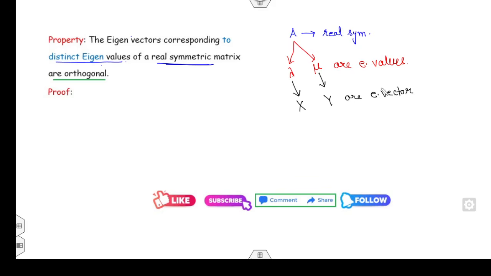If I assume A is a real symmetric matrix, and lambda and mu are its eigenvalues, and the eigenvector corresponding to lambda is x and y is the eigenvector corresponding to the eigenvalue mu, then the result says x transpose y is 0. That's the meaning of orthogonal.